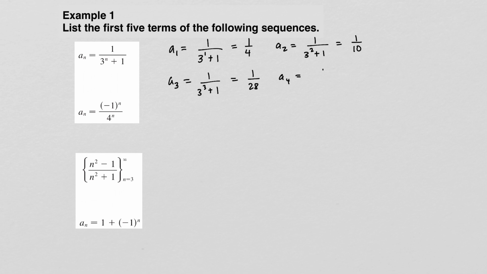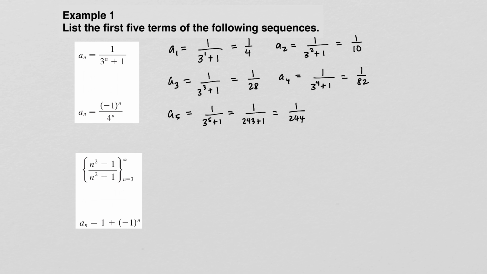The fourth term is 1 divided by 3 to the fourth power plus 1, which is 1 divided by 81 plus 1, which is 1 over 82. And the fifth term will be 1 divided by 3 to the fifth power plus 1, and 3 to the fifth power is 243. So this ends up being 1 over 244.